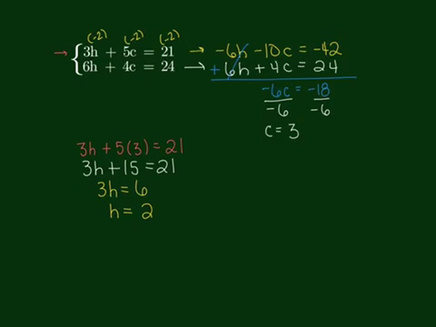So what this tells us, and because this is an application, we're not going to write it as an ordered pair like we have been. This tells us that a hot dog is $2, because remember that's what we were finding. We wrote our units on the other page. And a cheeseburger costs $3.